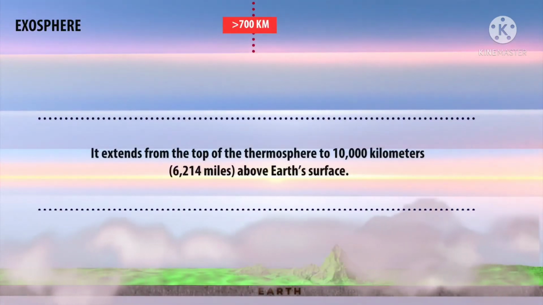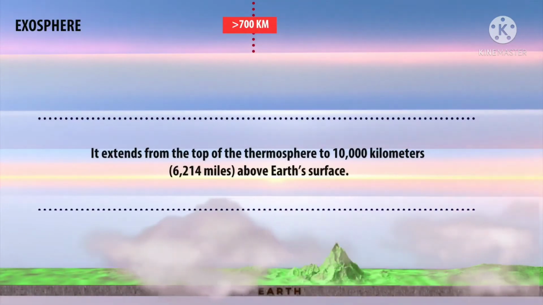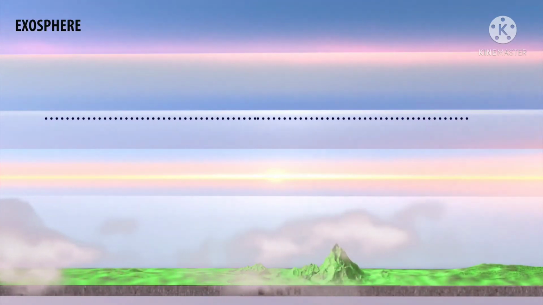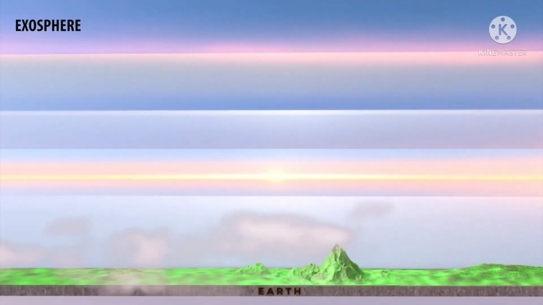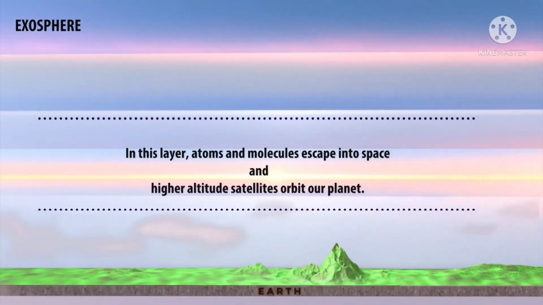It extends from the top of the thermosphere to 10,000 kilometers above Earth's surface. In this layer, atoms and molecules escape into space and higher altitude satellites orbit our planet.